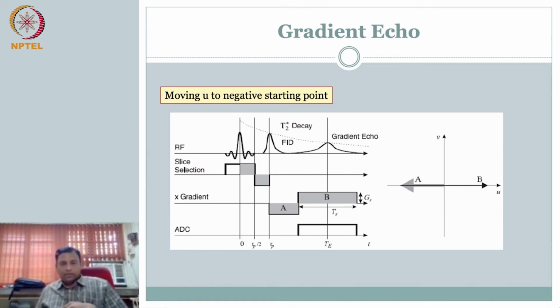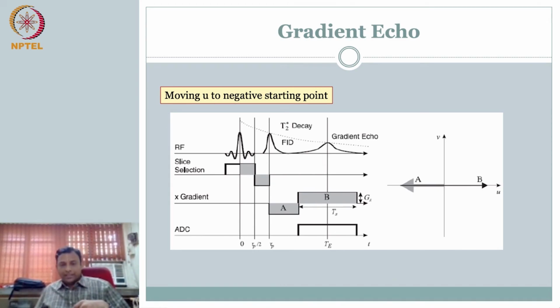Very similar. So I have a signal, a free induction decay signal, but I'm not recording it. Instead, the x gradient is switched. When I make it opposite polarity, the signal which was dying starts to build up again. The slow guy tries to become fast, the fast guy tries to become slow, and therefore you are going to have high signal add up, and then of course it will die down.